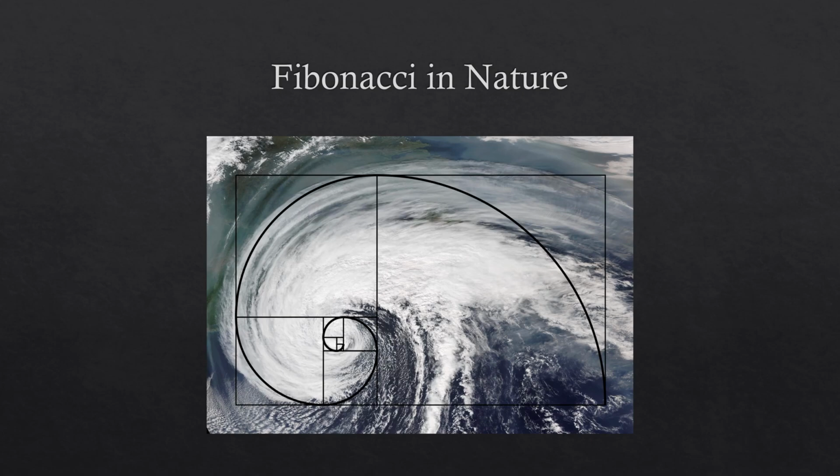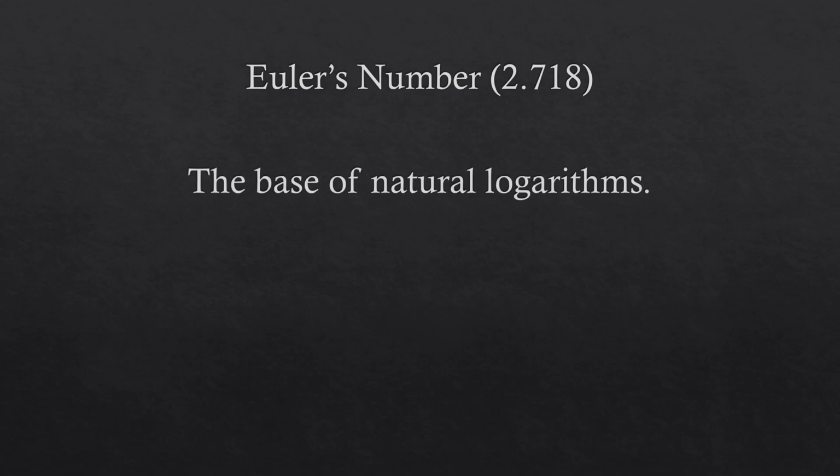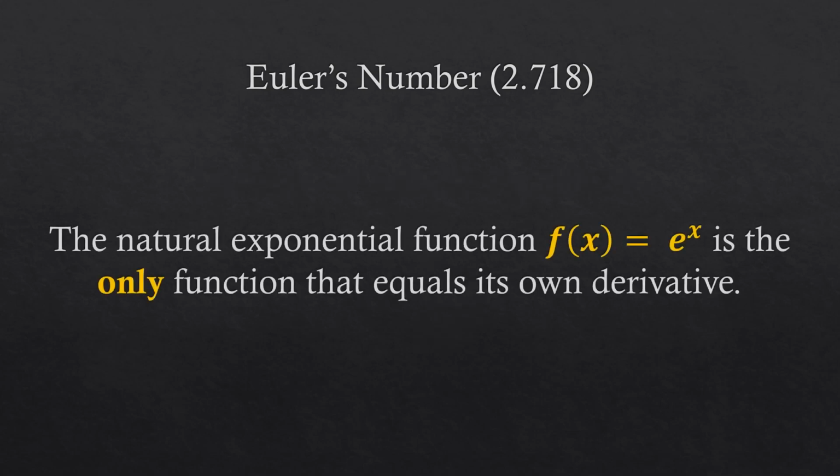Here we begin to talk about another quite famous mathematical constant called Euler's number, which is approximately 2.718. Euler's number is the base of natural logarithms, and it can be found by the sum of an infinite series like so. The natural exponential function, f of x equals e to the x, is the only function that equals its own derivative.